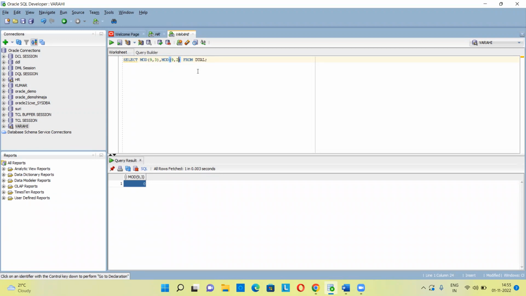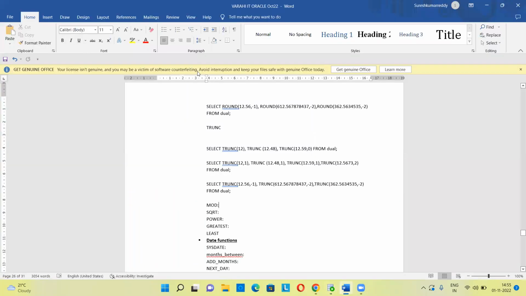So what is the remainder? 1 is the output. Okay, so it is just going to return the remainder value. After division, whatever the remainder value is, that is what it returns.